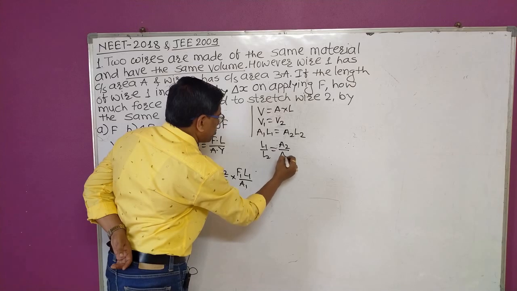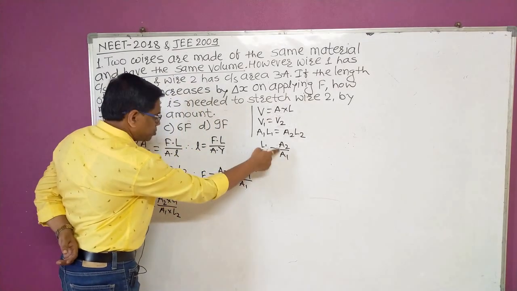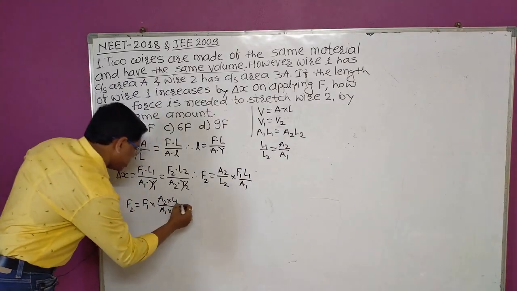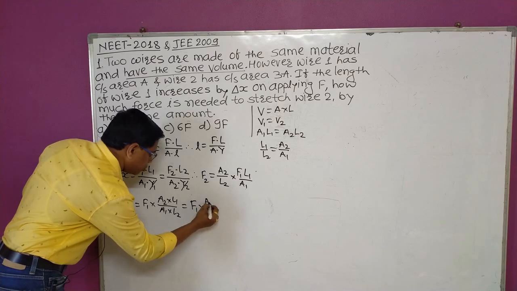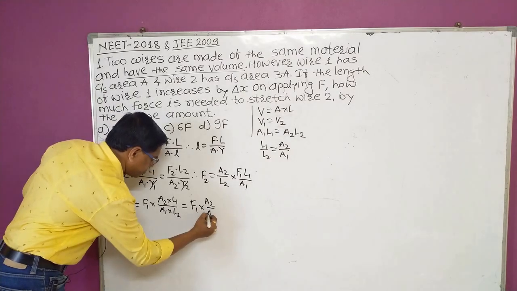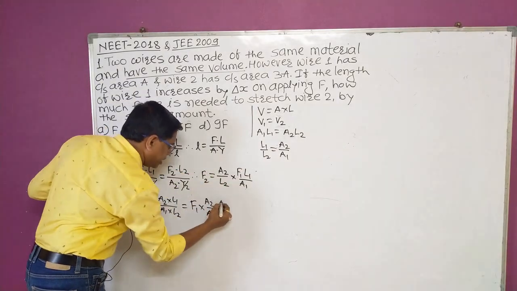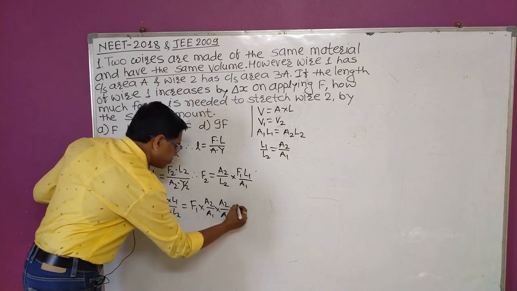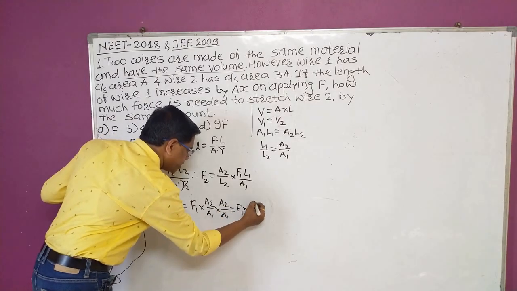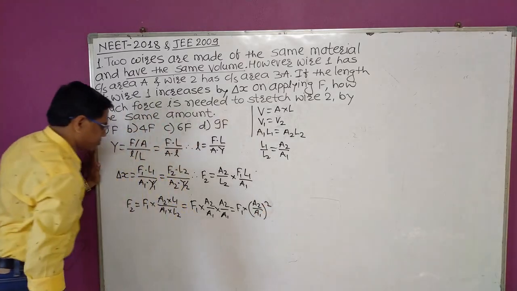So this is A2 upon A1. So you can see L1 by L2 is equal to A2 by A1. So this is equal to F1 into A2 by A1 and into this L1 by L2, which is again A2 by A1. So this is equal to F1 into A2 by A1 whole square.